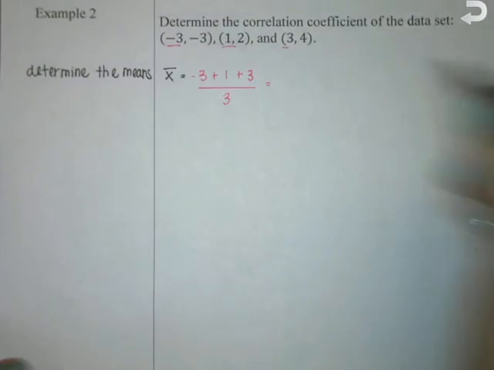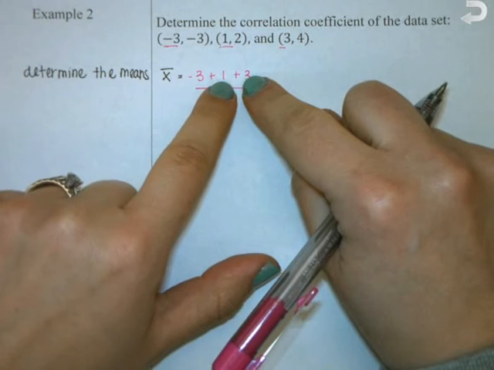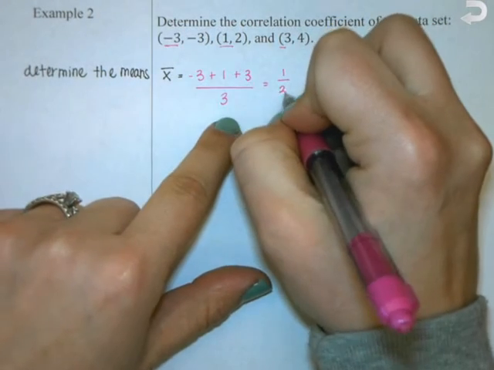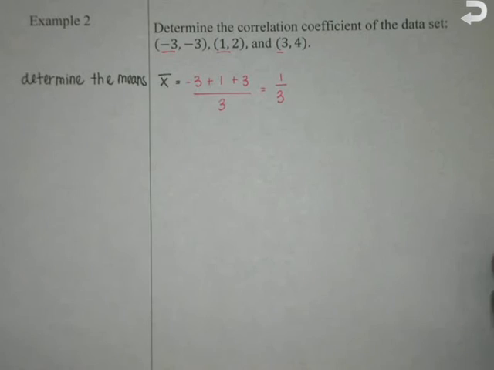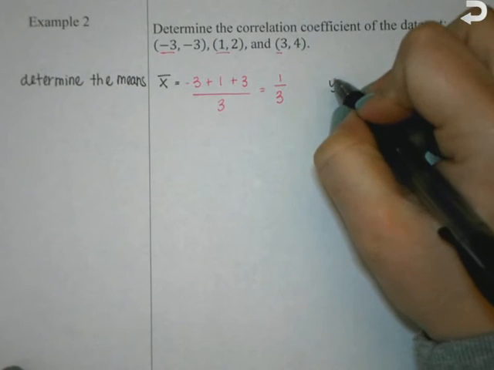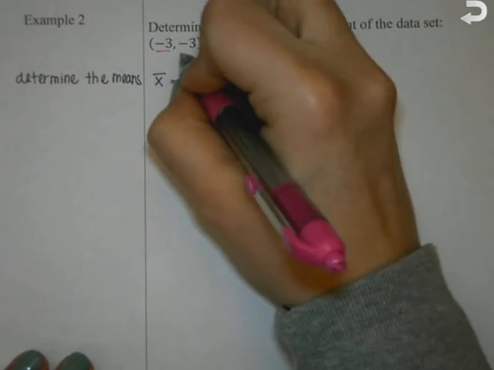Okay, -3 plus 1 gives me -2, and -2 plus 3 gives me +1 all over 3. So my X bar is 1/3. Can you guys do Y bar for me really quick? So we're going to determine the mean of all of these Y values.